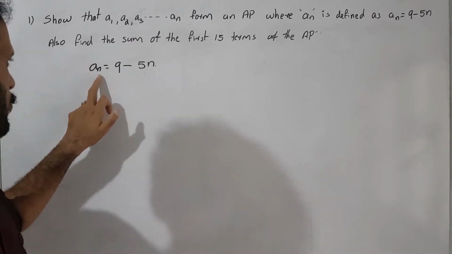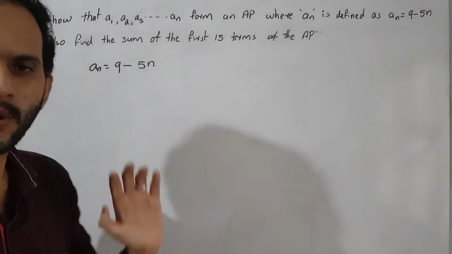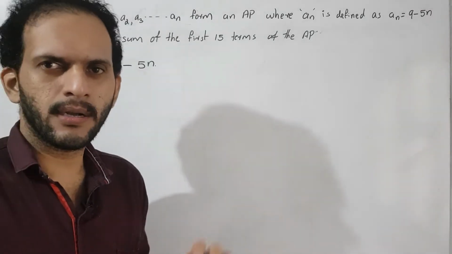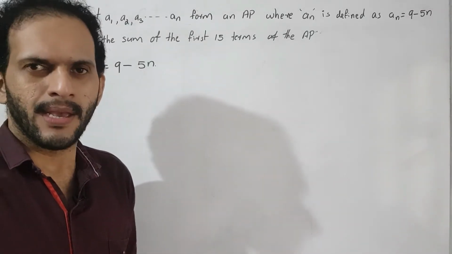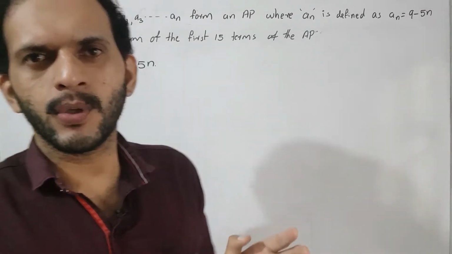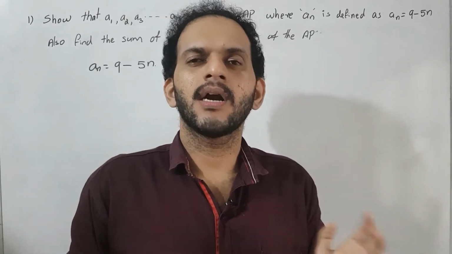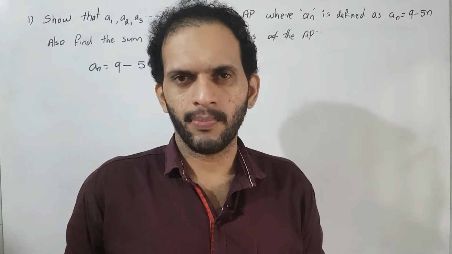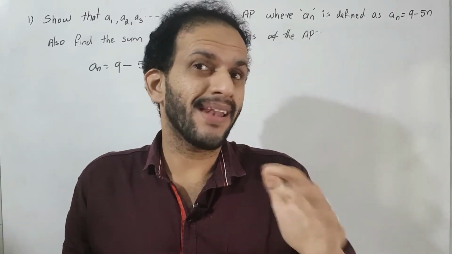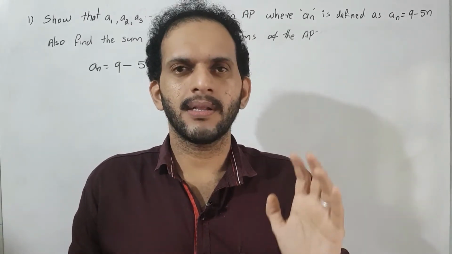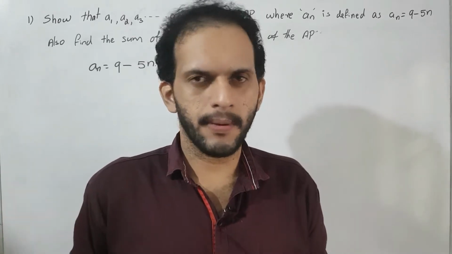Instead of n we substitute 2, then we get the second term a2. Instead of n we substitute 3, then we get directly the third term of this AP. If we substitute n is equal to 100, we get the 100th term of this AP directly.